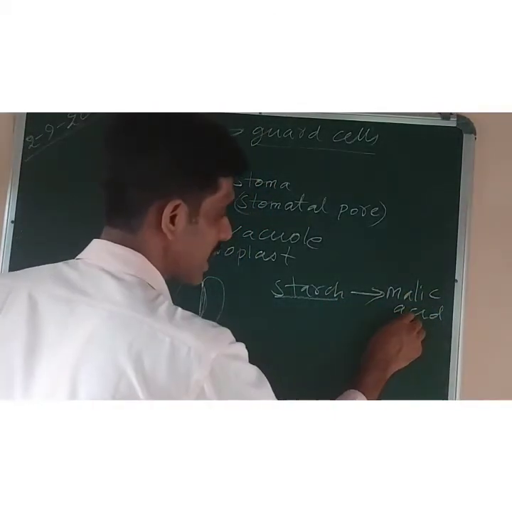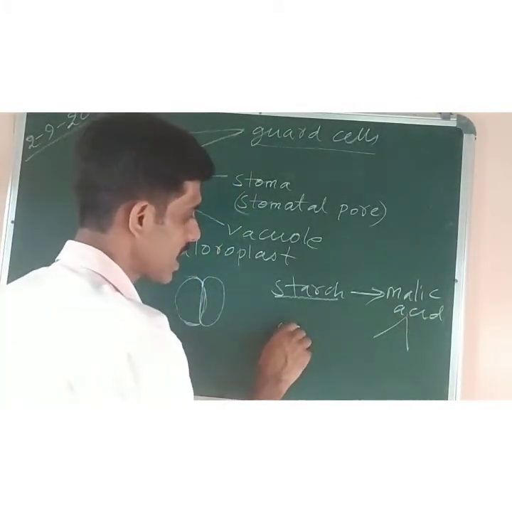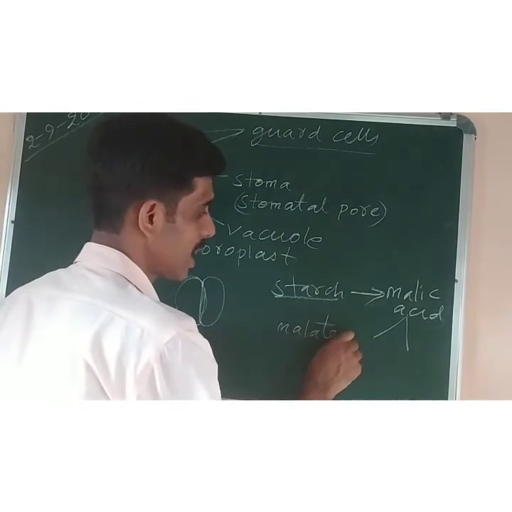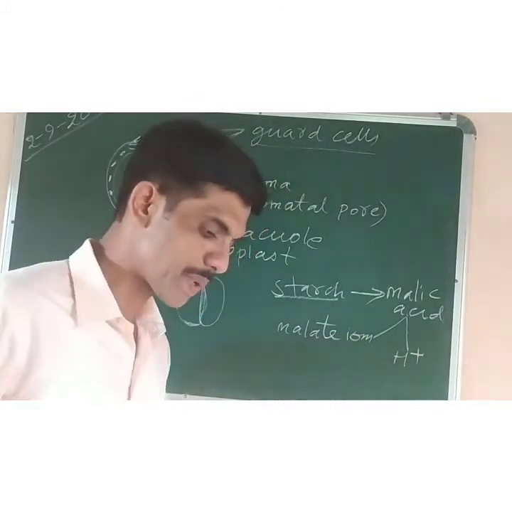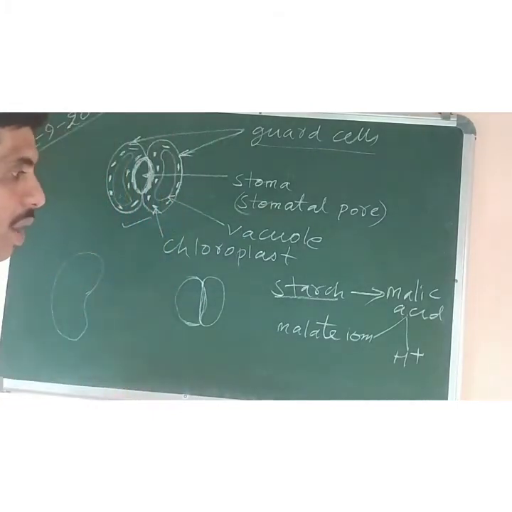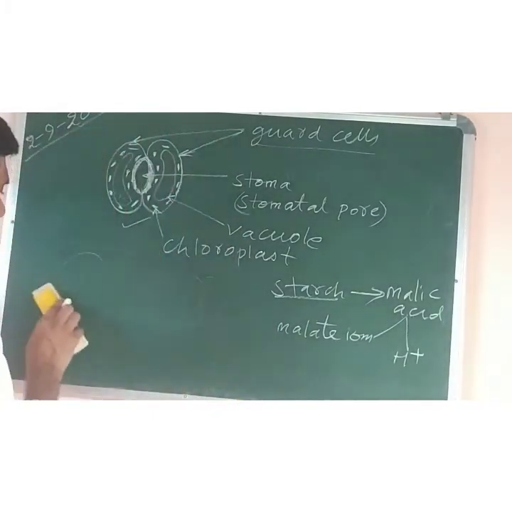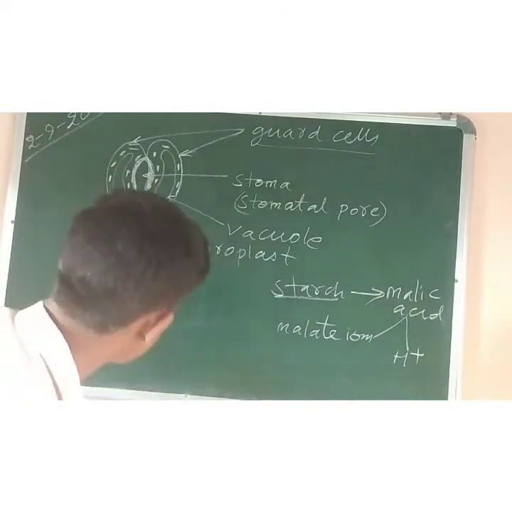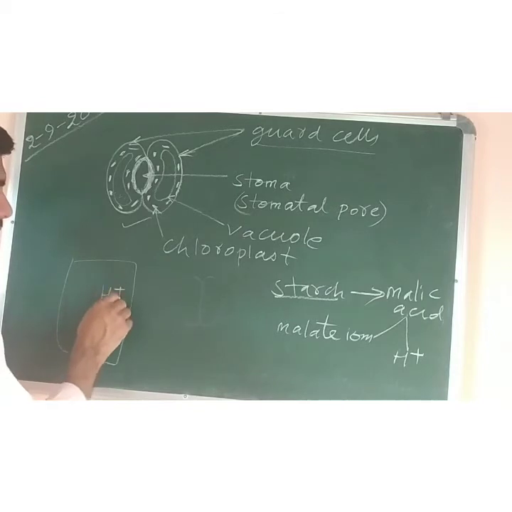Now this malic acid dissociates, or breaks down, into malate ions, M-A-L-A-T-E, and hydrogen ions, that is H plus ions. These H plus ions are transported outside the guard cell.